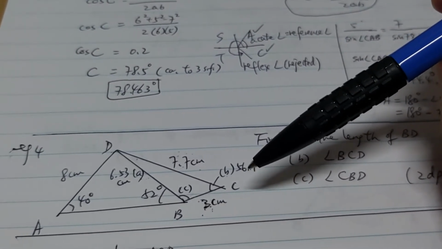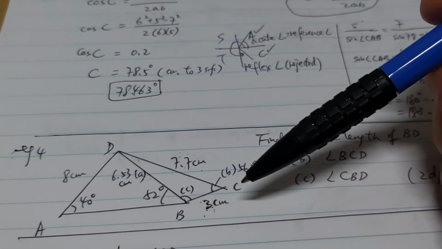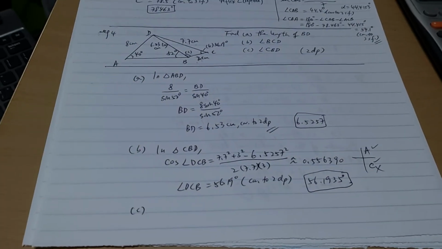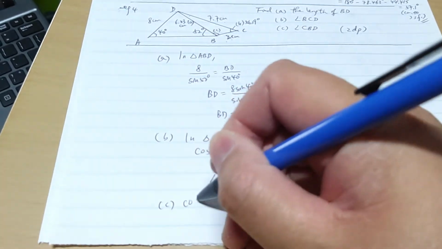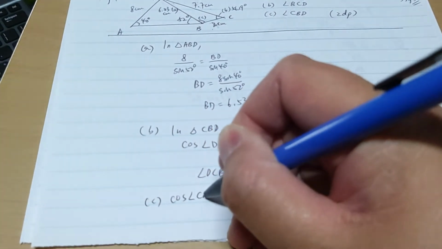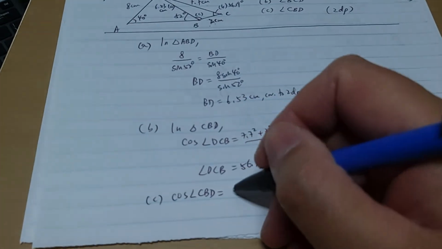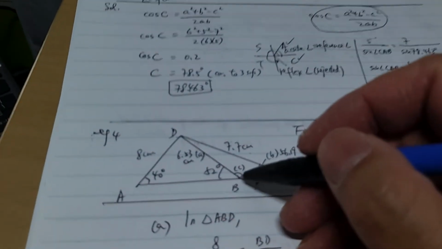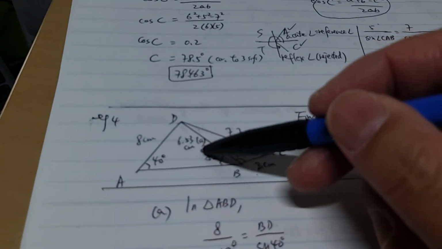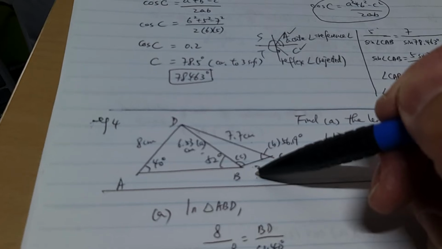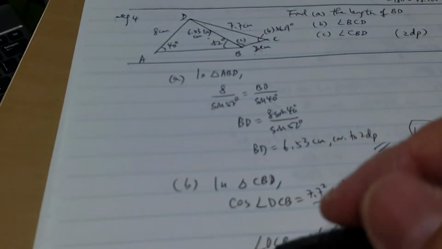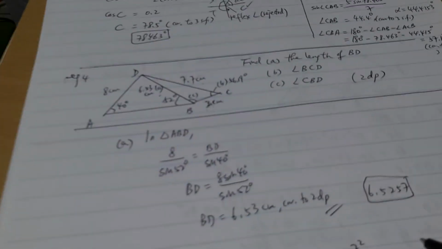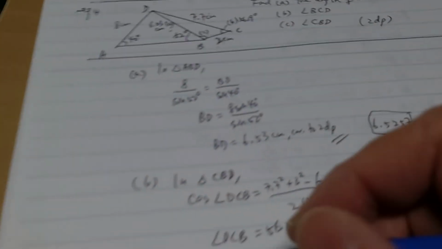So in part C, we choose to use cosine formula. So we want to find cosine angle CBD. So this side square plus this side square first, and then subtract this side square. Okay, we use this one.